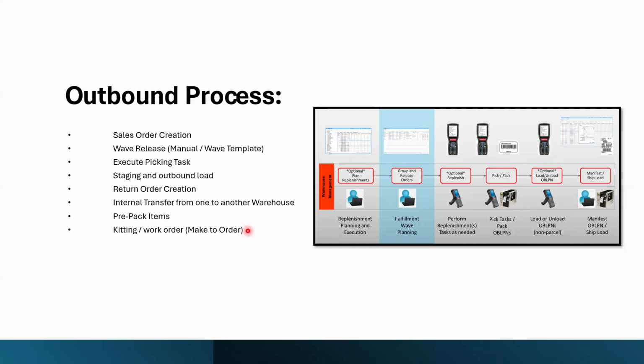So what it will do is first pick the child items. Let's say I have an assembled item of fan, so I will get a fan as ordered. The order item is fan. Then the system will create a work order automatically.